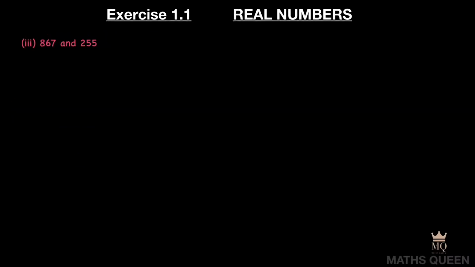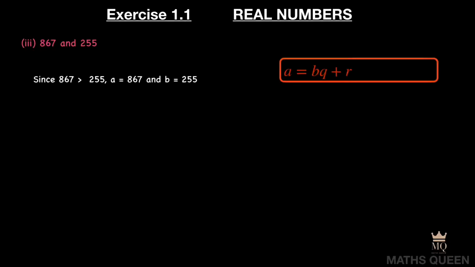Now the third sub-question, 867 and 255. Here a will be 867 and b is equal to 255. Applying Euclid's division lemma, a is equal to bq plus r. So 867 is equal to 255 into 3 plus 102. Here the remainder is 102, not equal to 0.